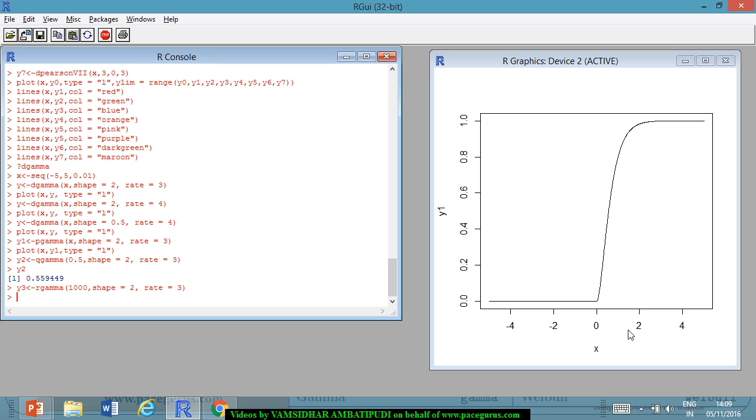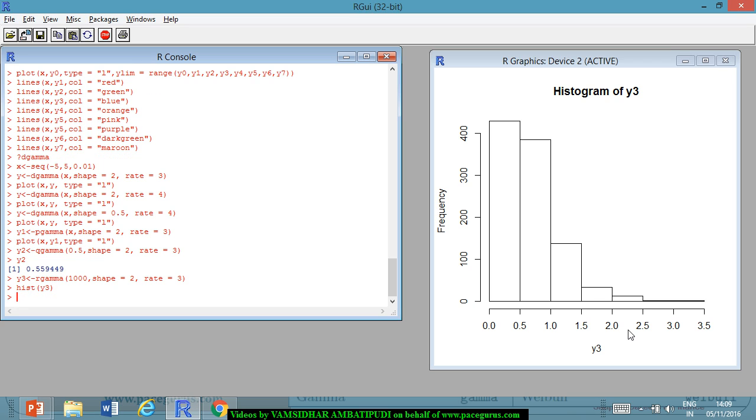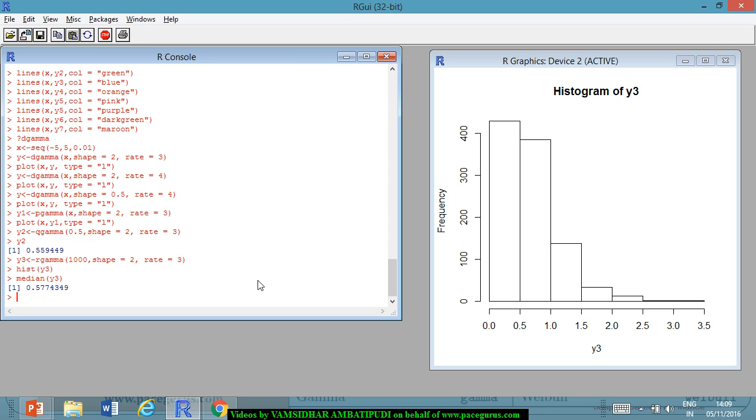And to understand, if I try to plot the histogram of this y3, the shape would be more or less similar to what we have theoretically visualized using the dgamma function. Or just to test it out, let me see the median of y3. It should be more or less similar to this value that we have got. So 0.57. Randomly, if I have generated the values, I got the median as 0.57. Theoretically, when we have computed the same, it worked out to be 0.55.